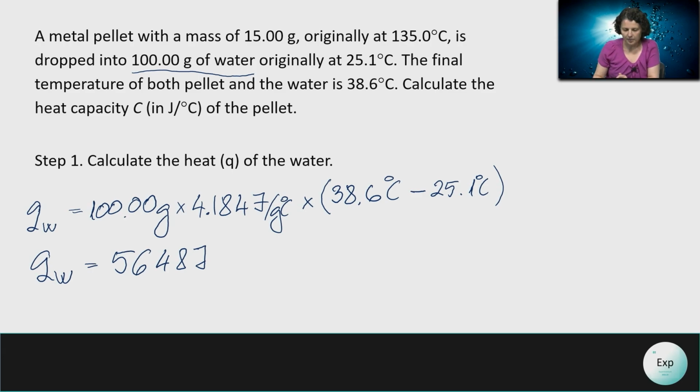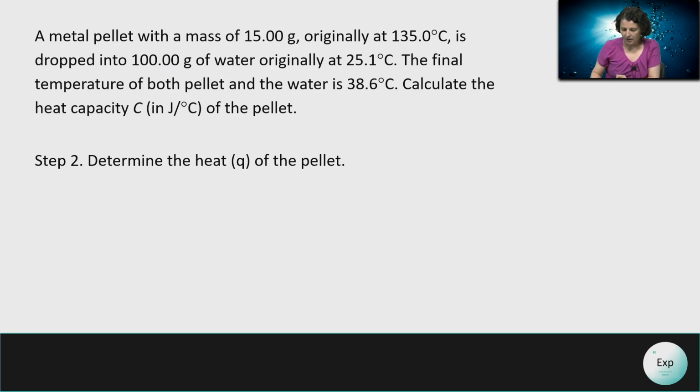In the next step, before we can approach the calculation associated with the heat capacity of the metal, we need to determine how much heat was released by the metal. In this process, we need to remember how our calorimeter functions. It's an isolated system. However much heat the water absorbed had only one source, and that is the metal.